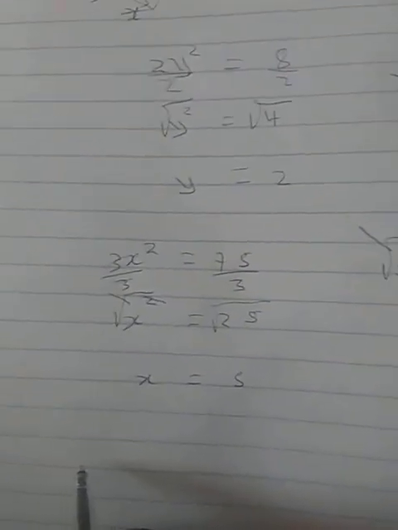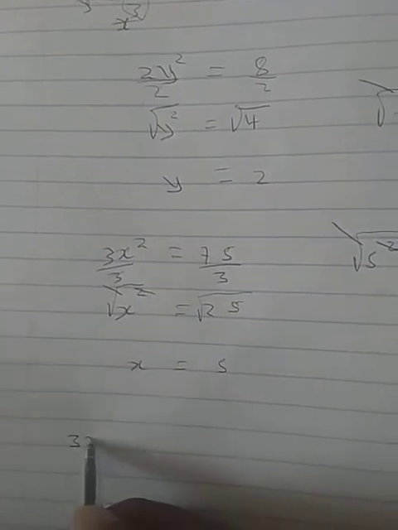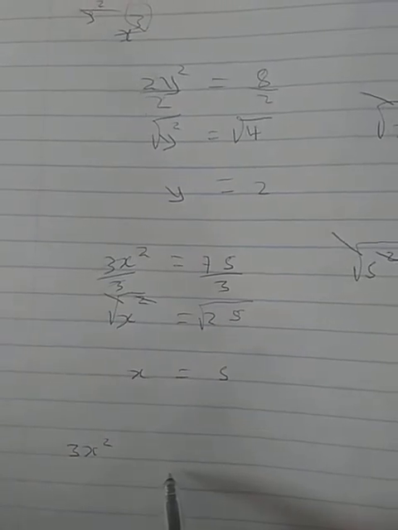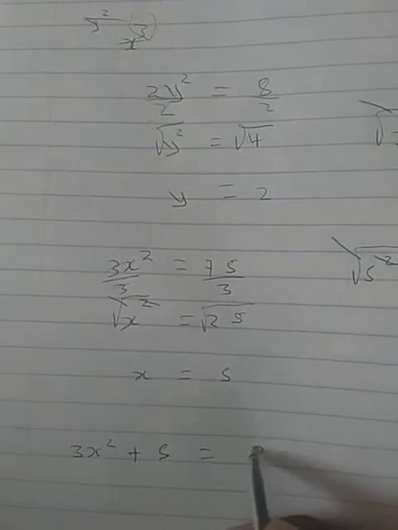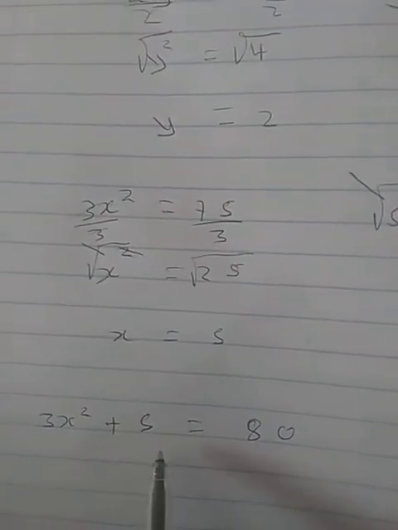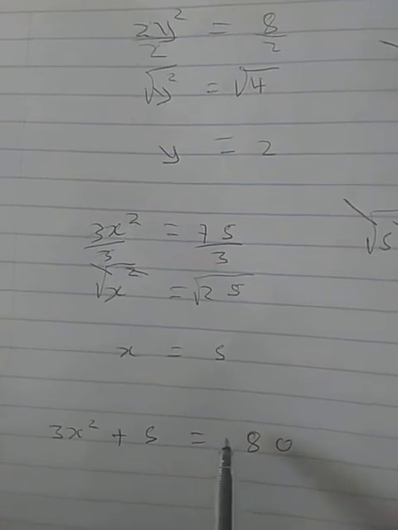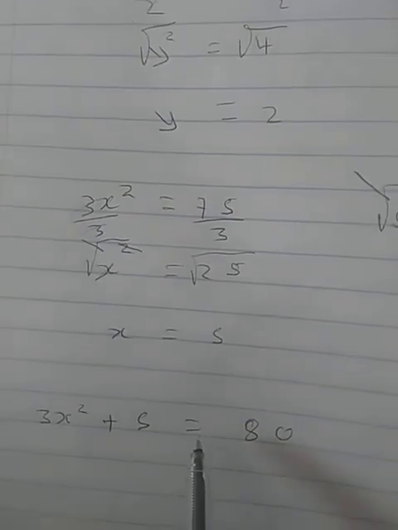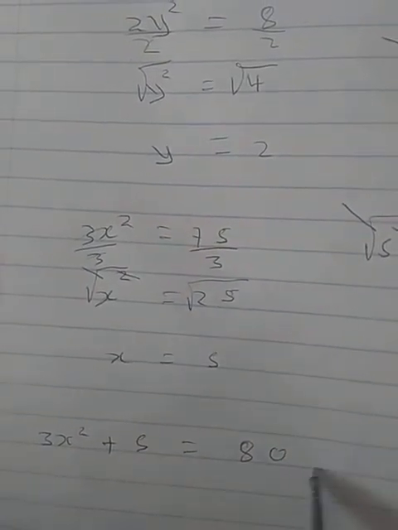Let's do the very same example. Let's say in this case you have 3x squared plus 5 equals to 80. Okay, mathematically, the very first thing to do is to make sure that numbers with alphabet are on one side and the numbers without alphabet should be on the other side. Okay, so 5 should go that side.